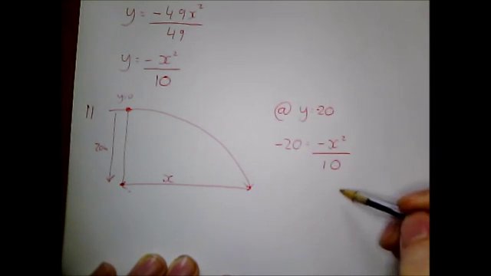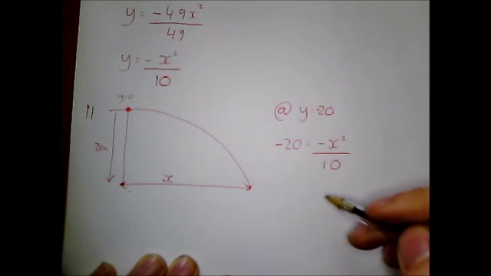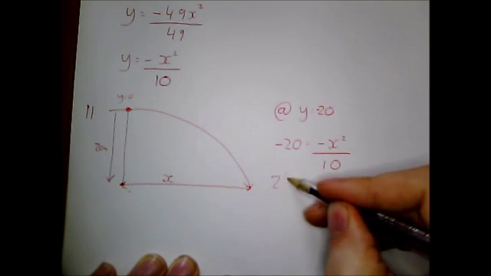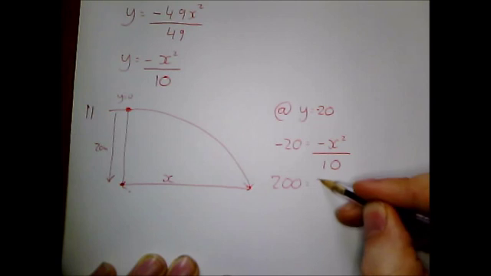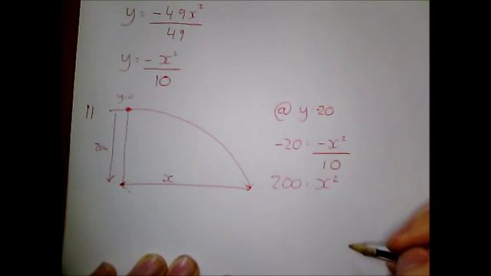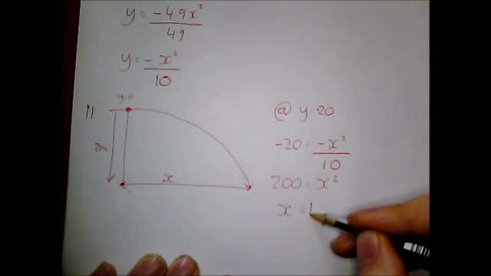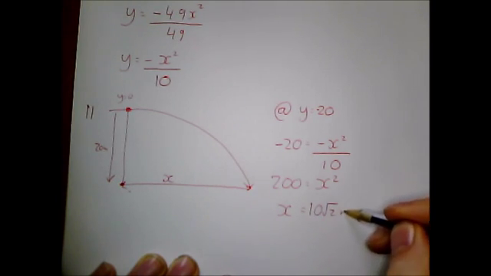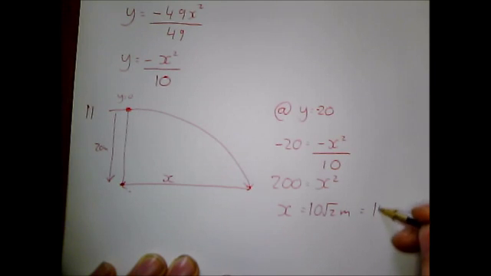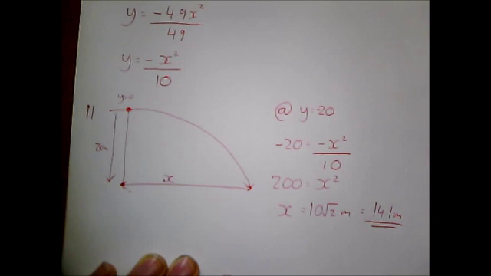Multiplying by 10 and dividing by negative 1, we get 200 equals x squared. So x equals 10 root 2 meters, or 14.1 meters. And that's it for part 2.